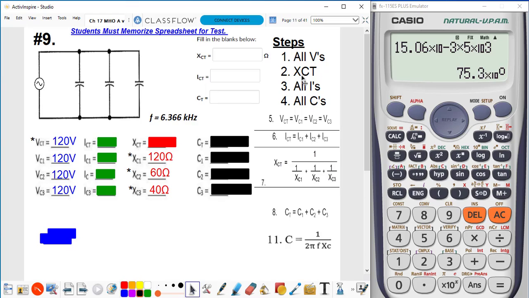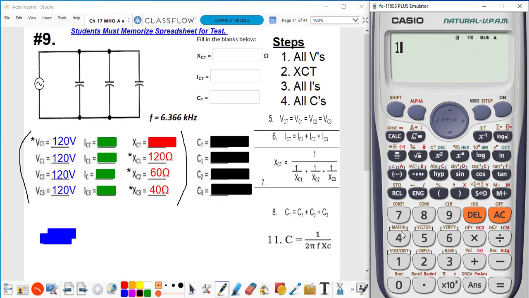Our next step, we're going to find our total capacitive reactance using formula number 7. And really, capacitive reactance being measured in ohms is just like resistors in that respect, that we can use the reciprocal formula number 7 to find the total opposition to current flow in a capacitive parallel circuit.